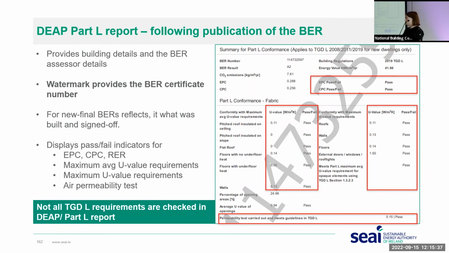The report demonstrates compliance with some of the requirements in the technical guidance document, and it shows indicators for the EPC, CPC, ORIOR, the U values, and the air permeability test. But it's important to note that not all of the technical guidance document requirements are covered by the Part L report.